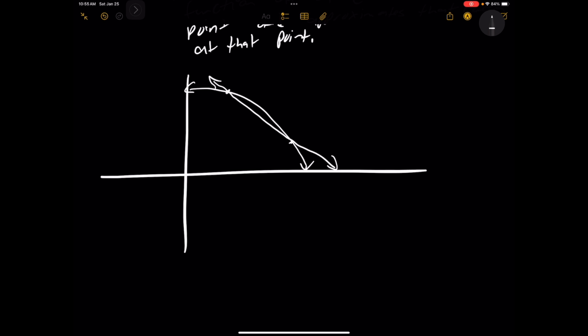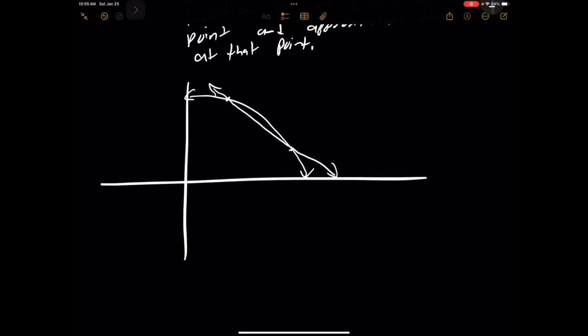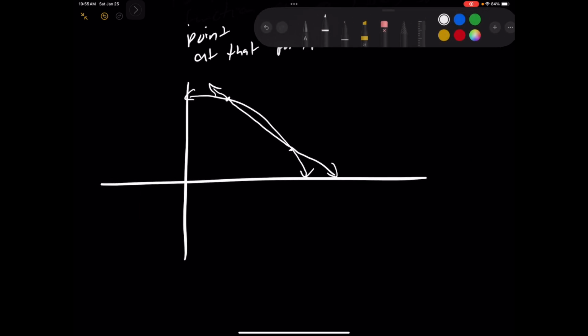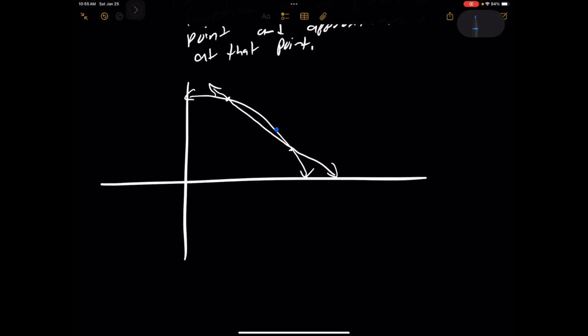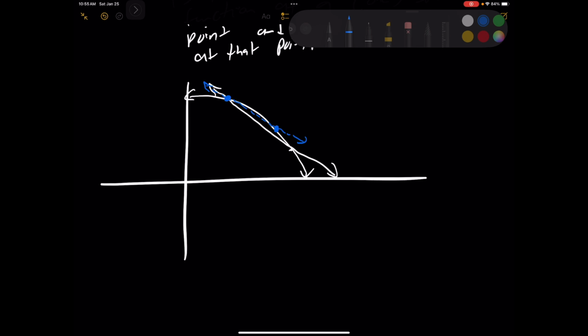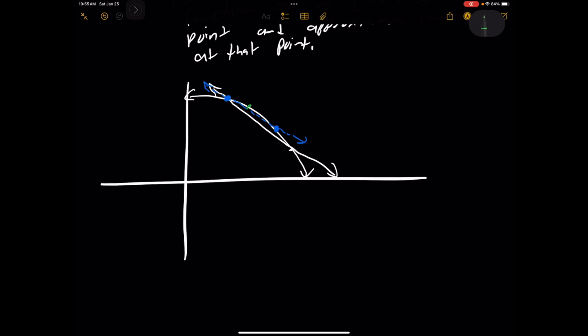Well, if I bring this second point a little bit closer, we see that we're going to get this blue line, which is a little bit closer to the slope at point A. It's a little bit closer to the slope at this top point. If I bring it a little bit closer, say to here, we get a really good approximation.